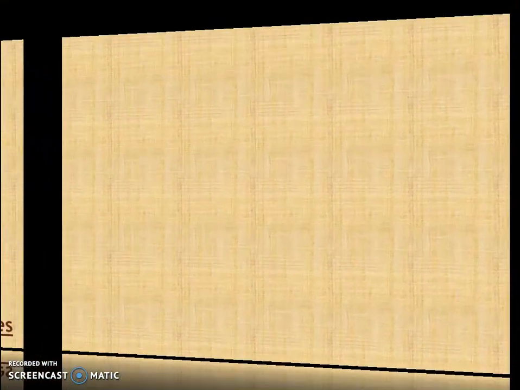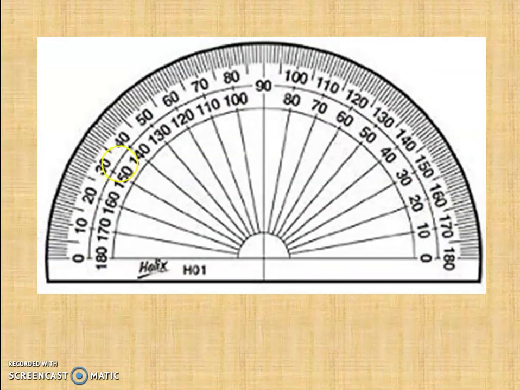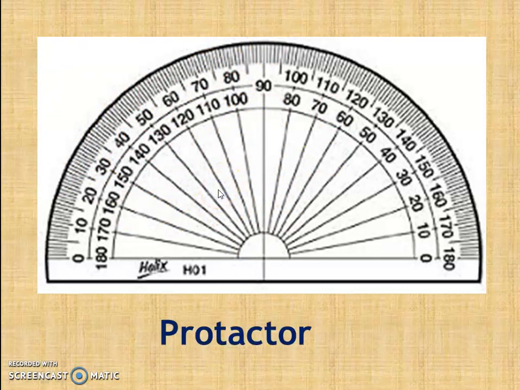Next, look at this. This is an instrument that is used to measure an angle. It's called a protractor. So a protractor is an instrument used to measure an angle. Look at this number.